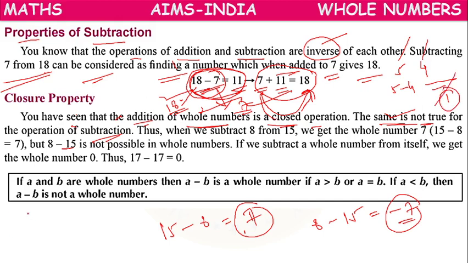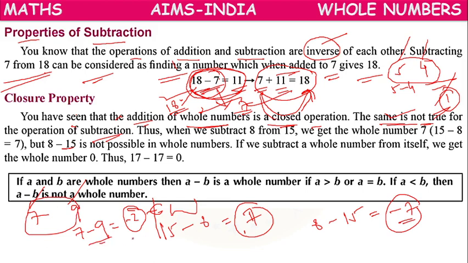But if we take 7 and 9, 7 is a whole number, 9 is a whole number, 7 minus 9 equals minus 2. Minus 2 is not a whole number. So if the numbers are 5 and 4, the result is a whole number, but if the numbers are 7 and 9, the result is not a whole number.